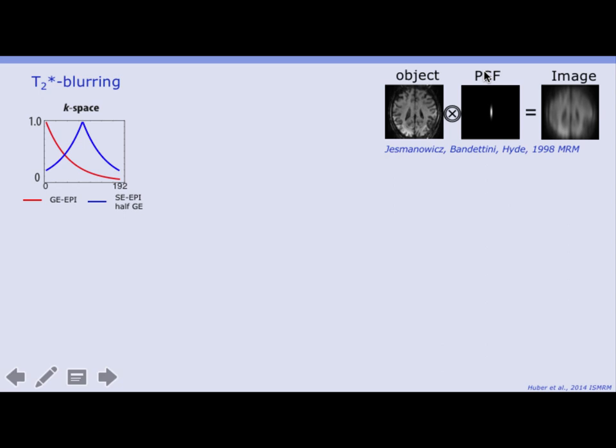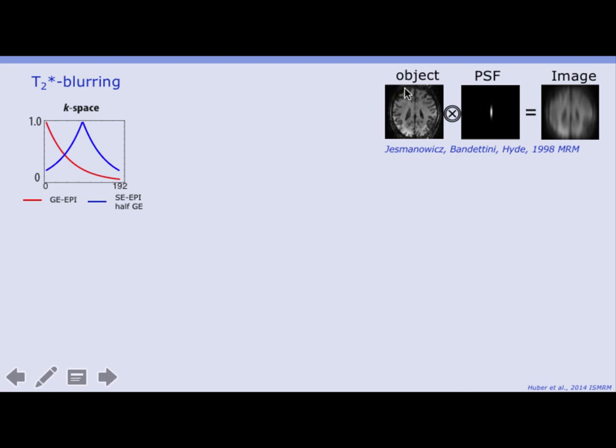And this magnitude point spread function can be understood as a response of an imaging system to a point source. And people usually assume linearity in the imaging system, so you can approximate the blurriness of the image by convolving the point spread function with the object.